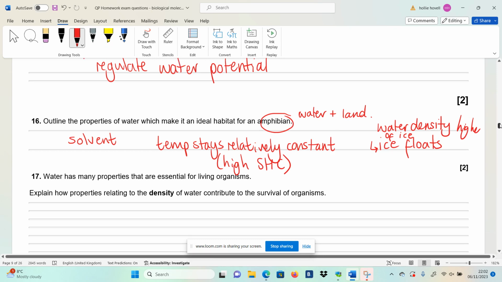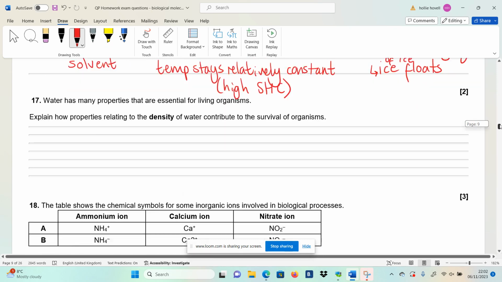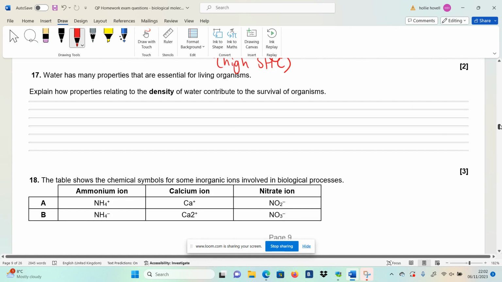Okay. Number 17, water has many properties that are essential for living organisms. Explain how the properties relating to density of water contribute to the survival of organisms. So it's a very similar question. All the density questions, the properties of water questions, are going to be really similar.